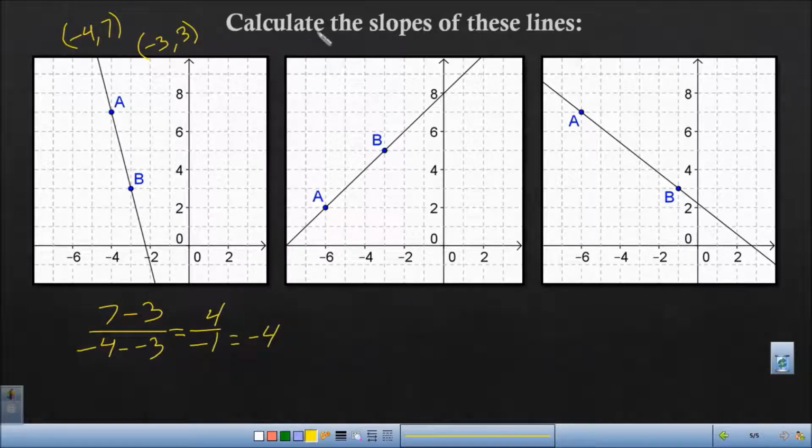First point is negative 6, 2. And the second one is negative 3, 5. Okay, so we go 5 minus 2 over negative 3 minus negative 6. This is 3 over 3, which is 1.